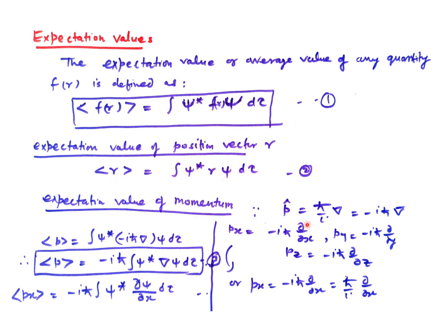For the momentum operator, if we take P operator equal to ħ/i del, or in the x direction only, minus i ħ ∂/∂x. So the expectation value of P will be minus i ħ times the integral of psi star ∂psi/∂x d tau. This is how we can find the expectation value for a given function.